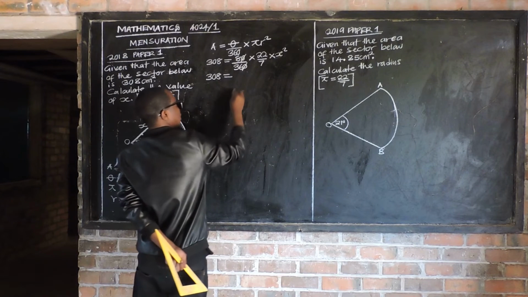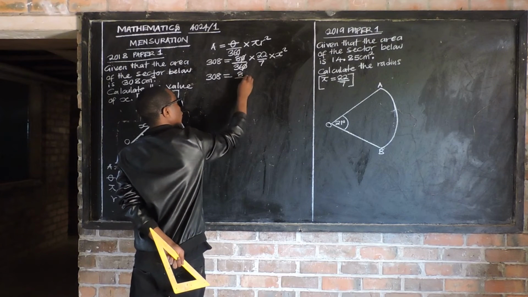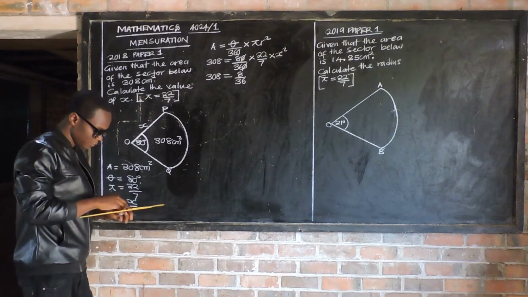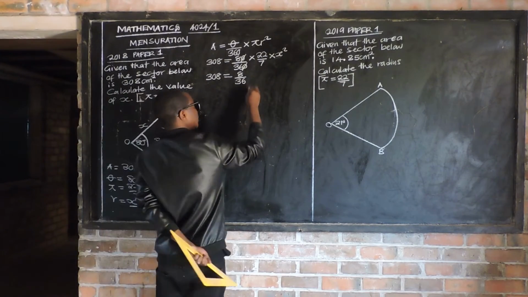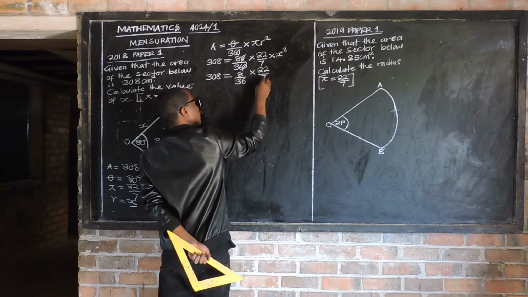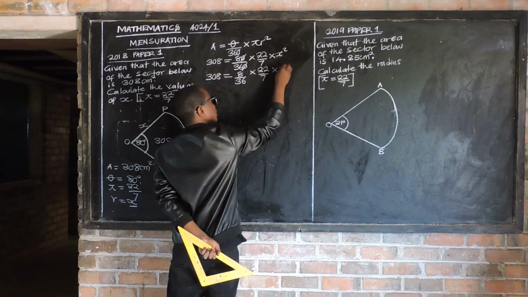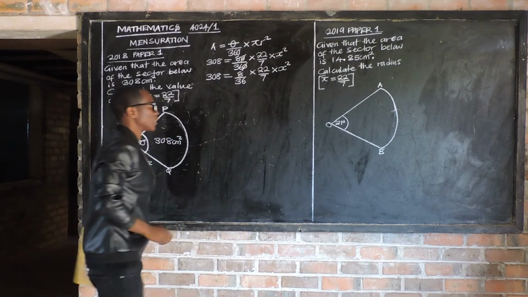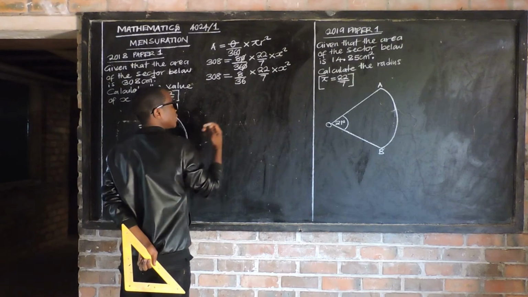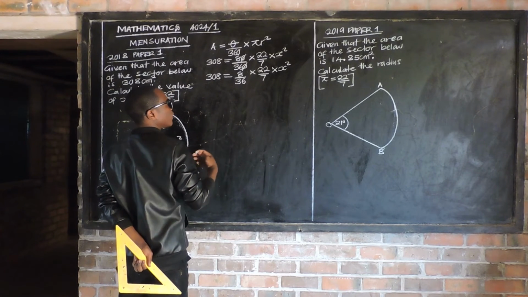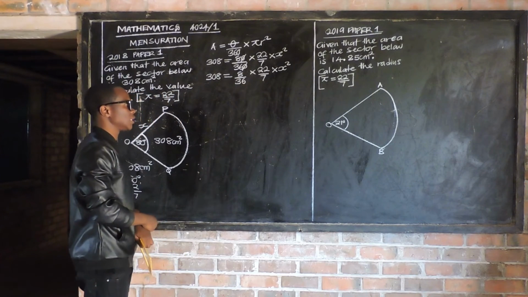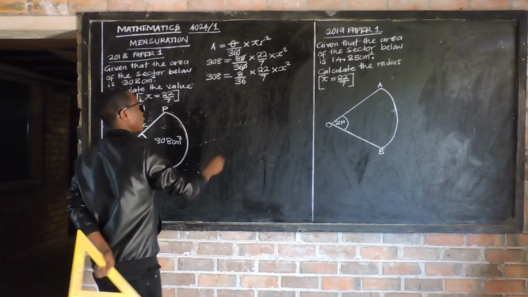So we're going to remain with 8/36, multiplied by 22/7 multiplied by x squared. Then we can reduce again by seeking the highest common factor of 8 and 36, a number which can go into 8 and 36 without a remainder.